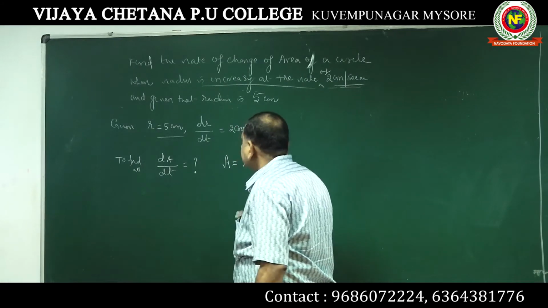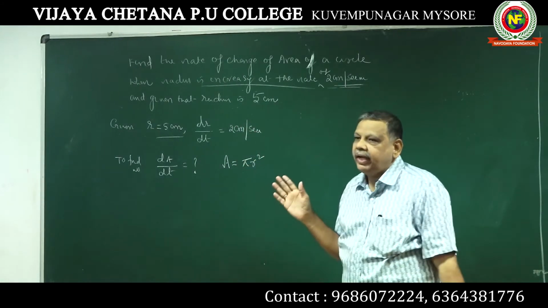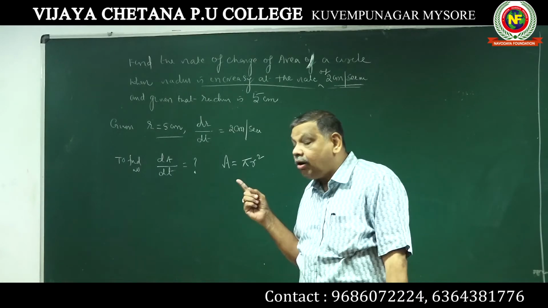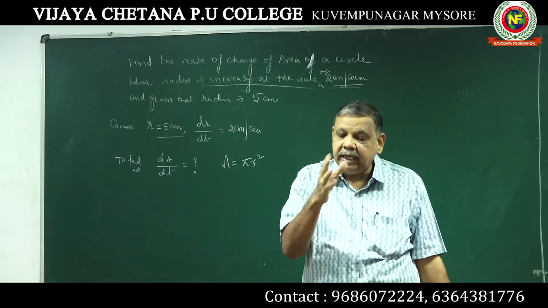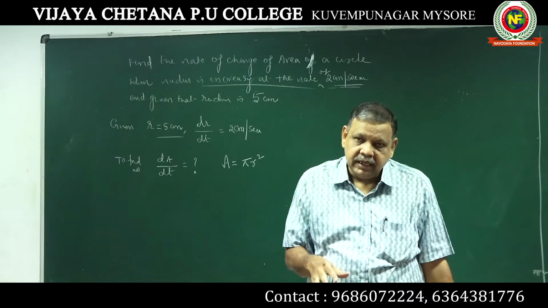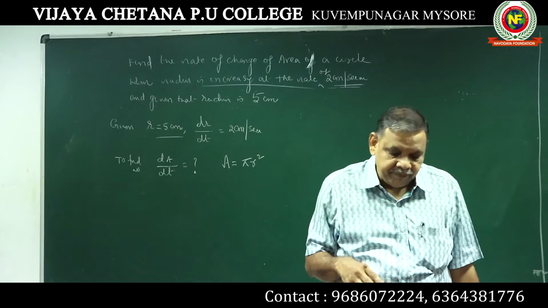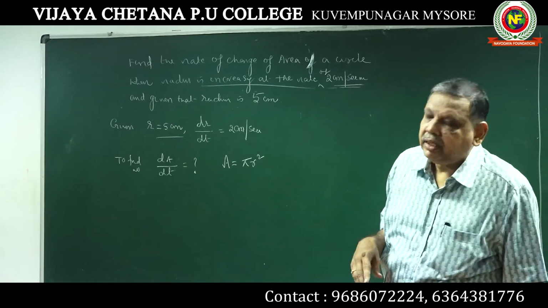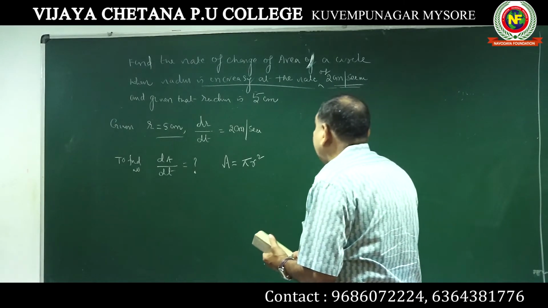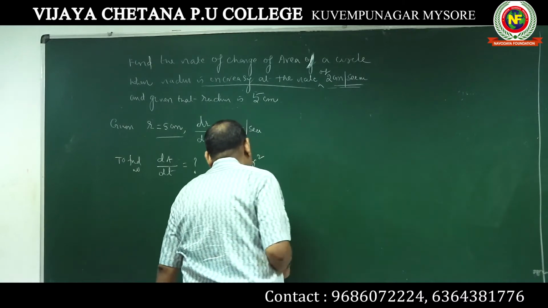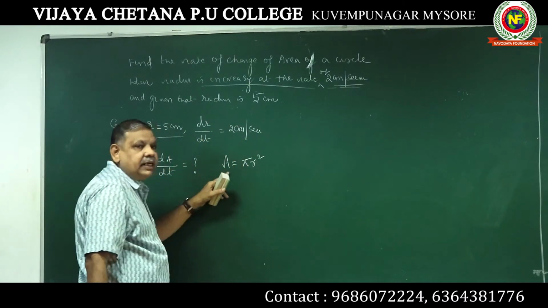Suppose if they ask area of a sphere, that is different. I gave you all the areas, volumes, perimeter, everything the other day, because those are all important for examination, and not only for examination, also for doing problems. So area of a circle is pi r square.